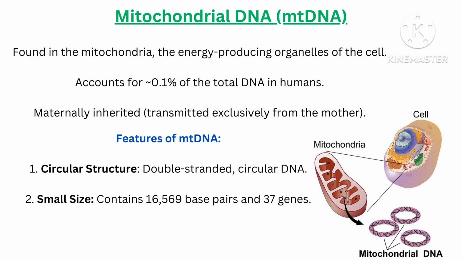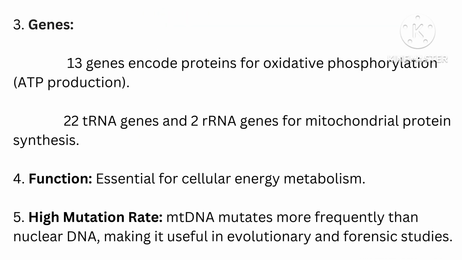Features of mtDNA. 1. Circular structure: double-stranded, circular DNA. 2. Small size: contains 16,569 base pairs and 37 genes. 3.